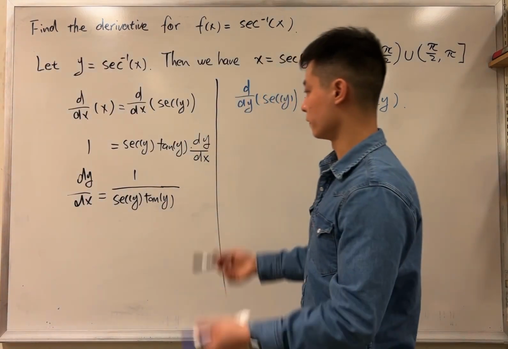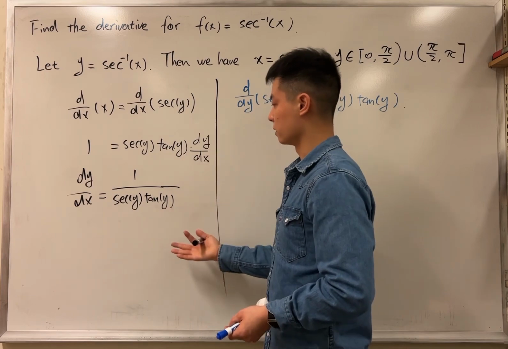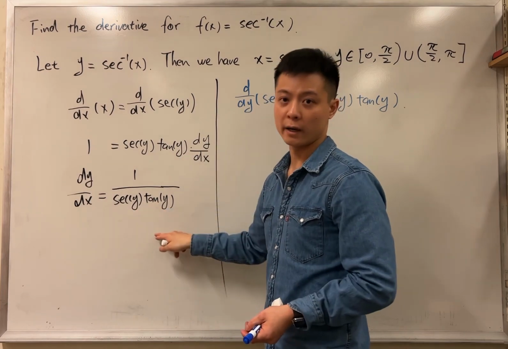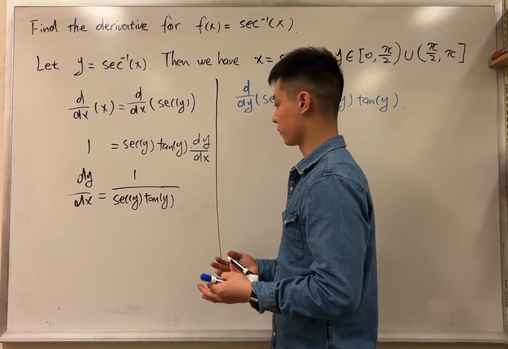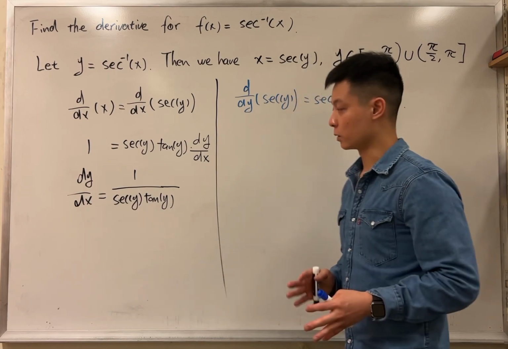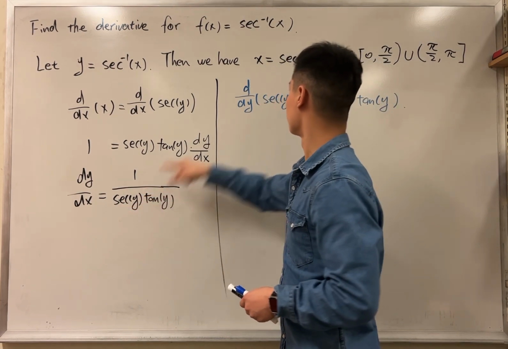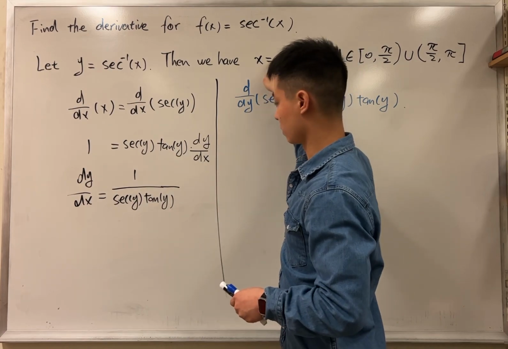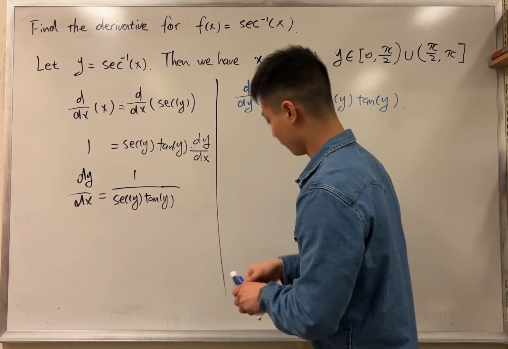So this derivative is almost done, except that it's still expressed in terms of y instead of x. So the rest of the work is for us to replace this expression with something purely in terms of x. We see secant of y can be replaced with x. Okay, so let's try to express this tangent also in terms of x.